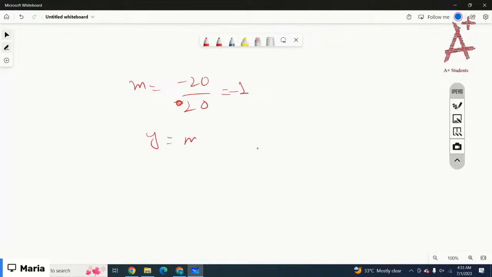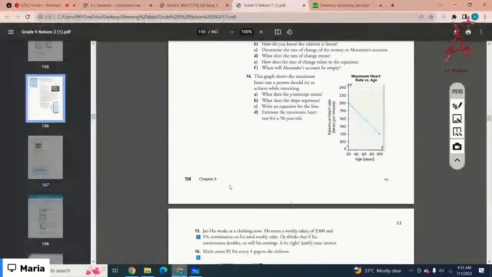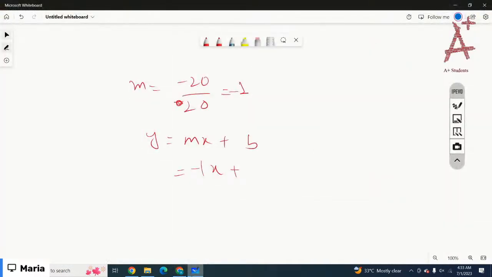So the equation is y equals mx plus b. So m is negative 1 and b is the y-intercept. The y-intercept is 200. So the equation of the line is y equals negative 1x plus 200.